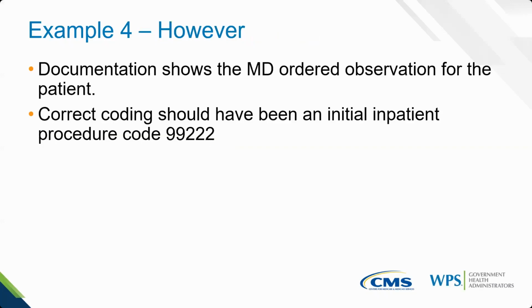However, what we want to look at here is that this MD actually ordered that observation care for that patient. So based on the documentation, the hospital then would see that ER physician as that ordering physician, and then the ER physician is the one who's going to be responsible for that patient while they're in observation care.